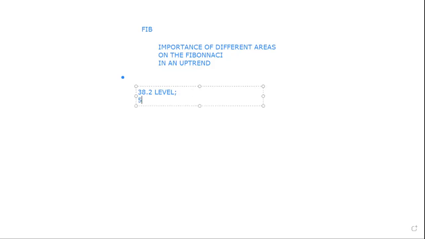So let's go to the 50 Fibonacci level. The 50 Fibonacci level is another strong area in the market.